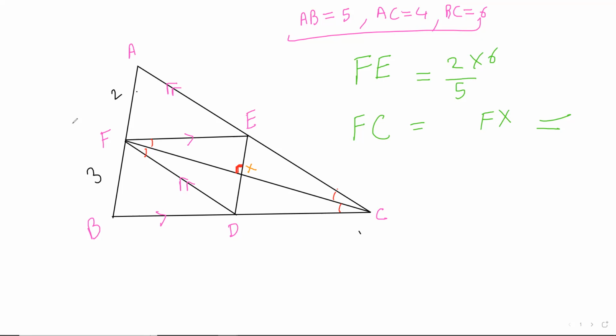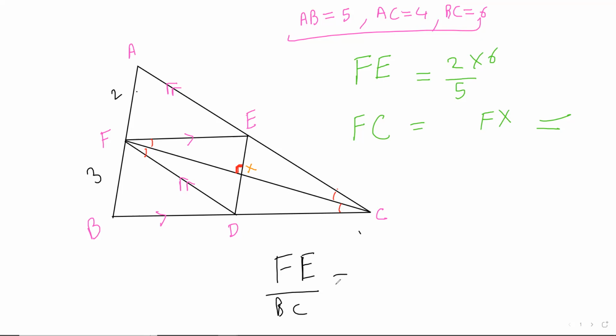A better way here means without finding FC, because finding FE is trivial. To find FE we are not even finding AF and FB.